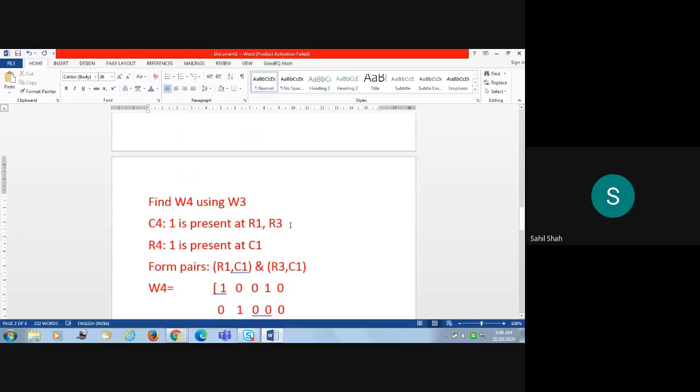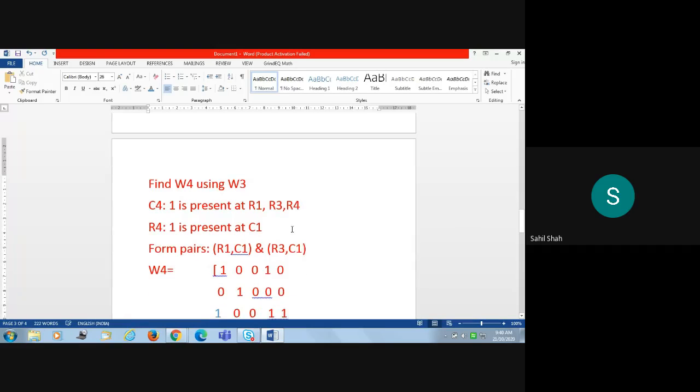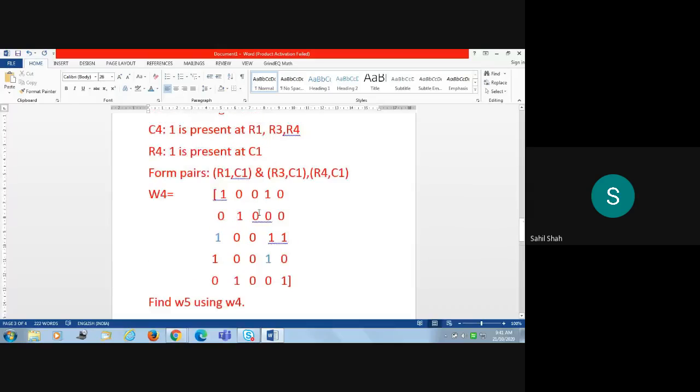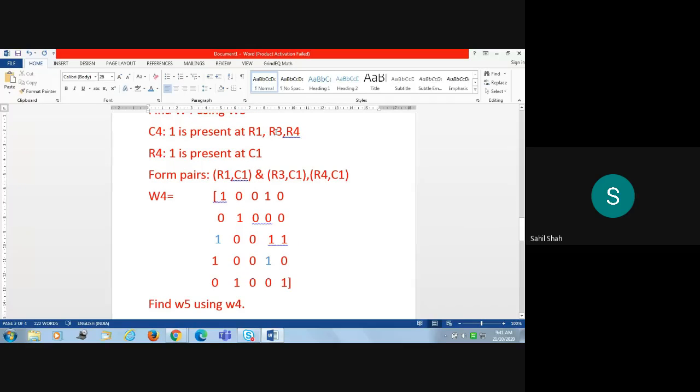That means you are keen. Very good. R4. So we will have one more pair. R4 comma C1. That you will also have. This is already present, but you should write it. Good. Make the modifications accordingly. One is present at R1, R3, and R4.